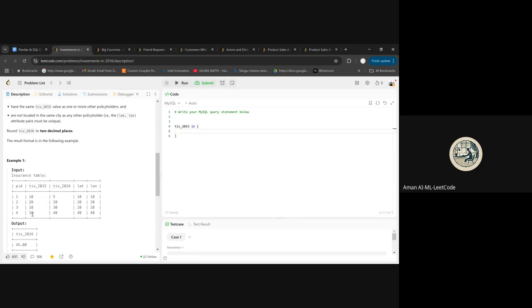So what is the query that is going to tell me if this is repeated or not? I want to know if this 10 is repeated or not. How do I get that in this table?